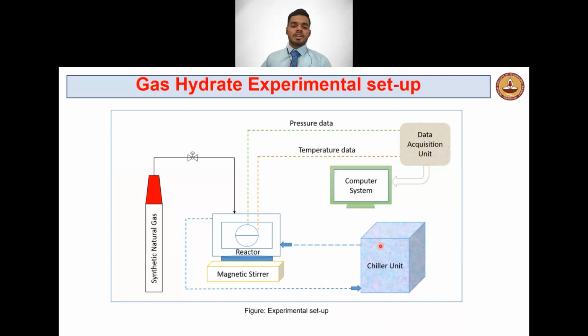Once we have the desired temperature, we charge the gas at a desired pressure. At every 5 seconds, temperature and pressure data are collected through a data acquisition system, and are further processed in the computer system to get the mole consumption and the gas uptake data.